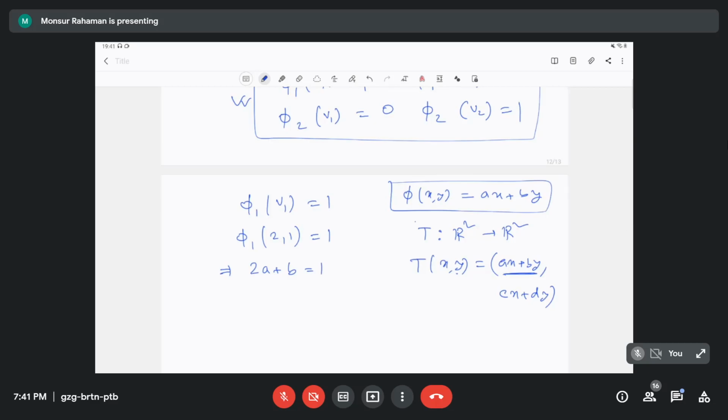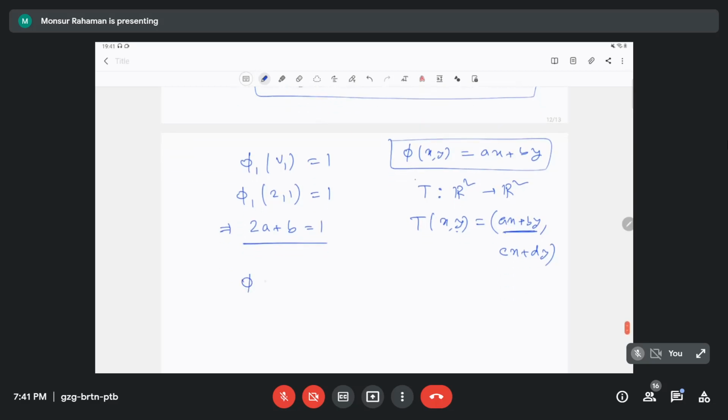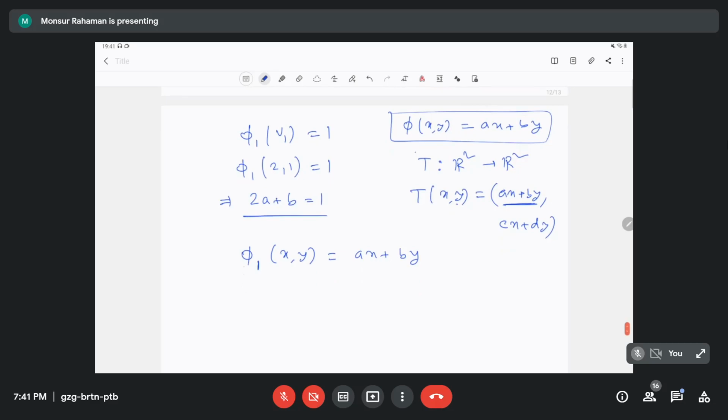Okay, so that's why we have considered this as some linear combination of these components, 2a plus b. This is one definition, because if you say that phi 1 of (x, y) is equal to ax plus by, then to find phi 1 you have to find a and b.